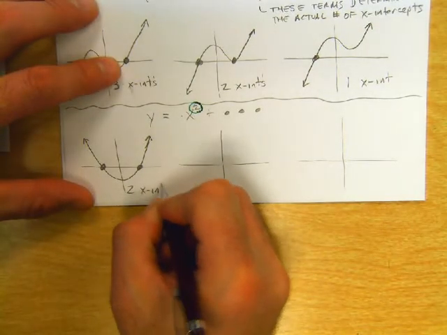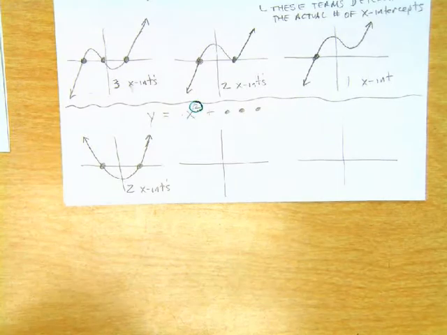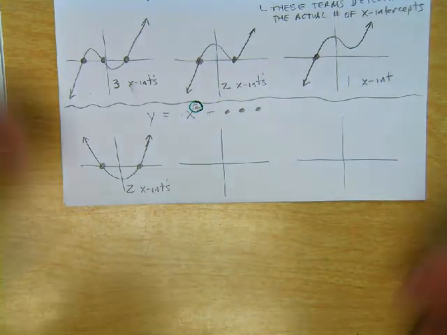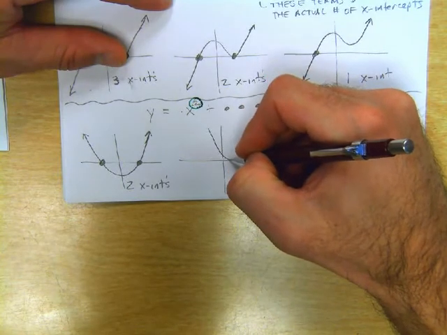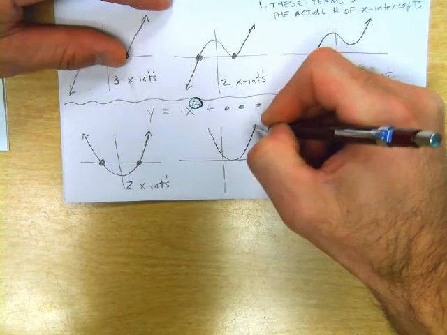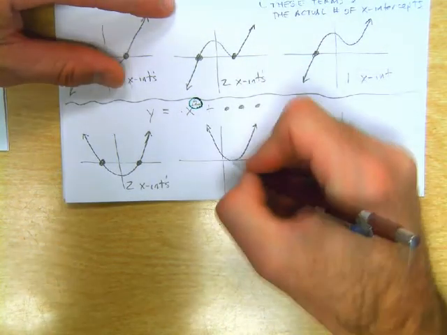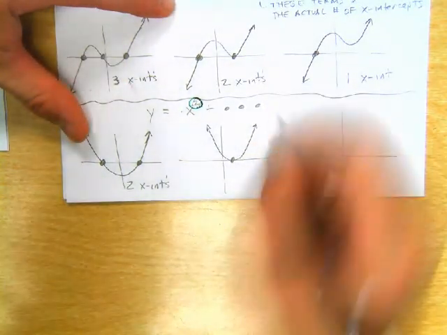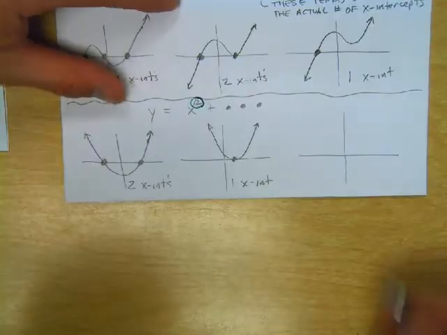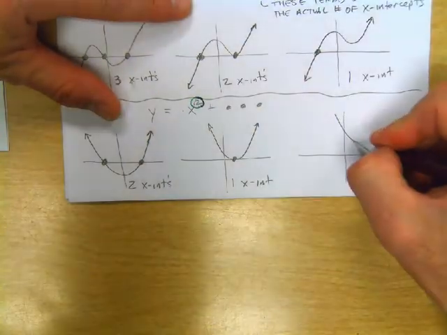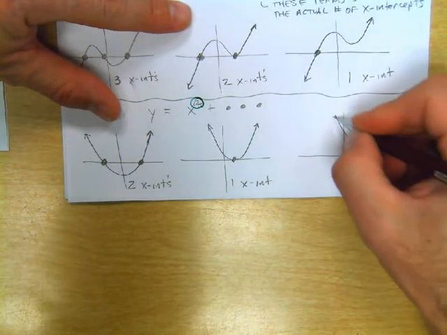Or there could be 1 x-intercept, or there could be 0 x-intercepts.